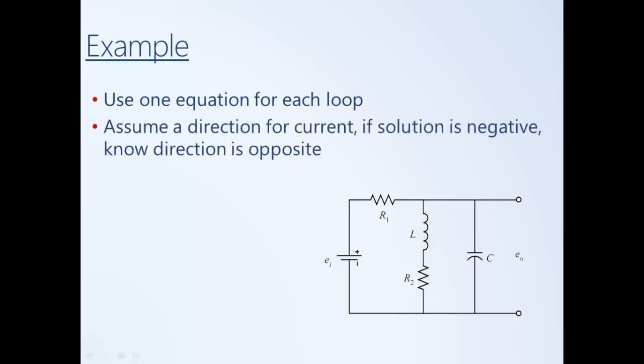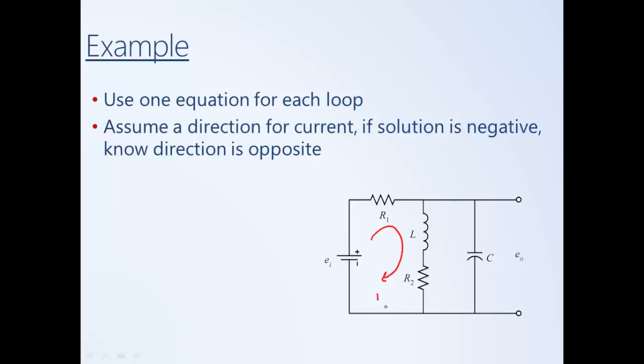And what we will do is we will assume a direction for the current. We may not know for sure which direction current is flowing through a particular loop, but if it turns out that we guessed incorrectly and we actually attempted to solve for the current and the current came out to be negative, then we would know that it's opposite the direction we assumed. So here's our first loop.